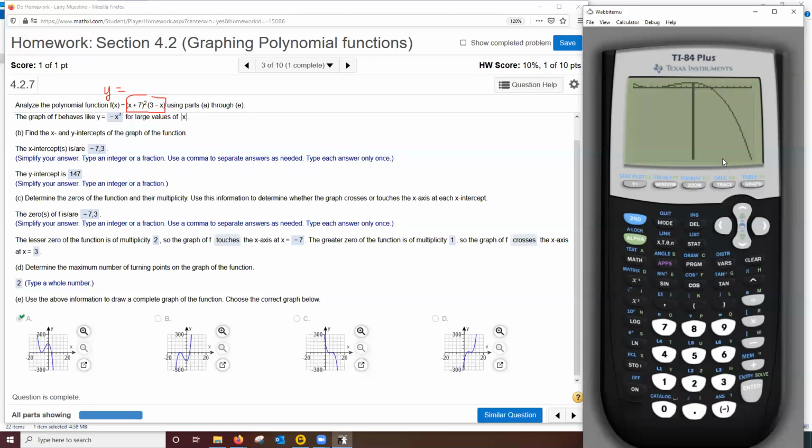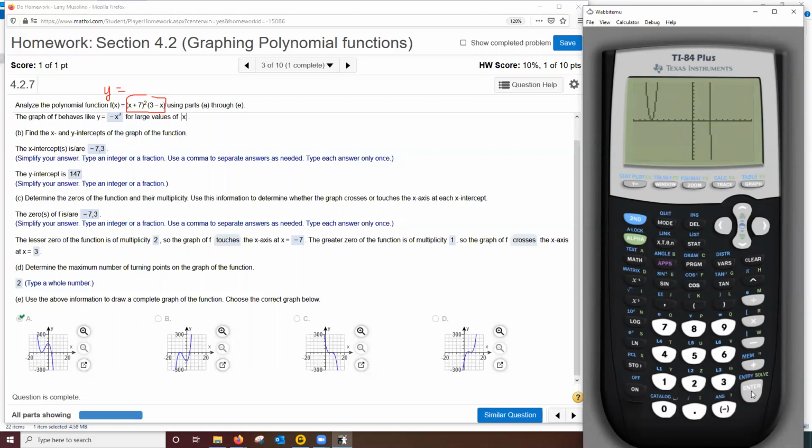What the calculator tried to do is to show the x-intercepts here. So it's a little hard to see, but here's the x-intercept of negative 7. Here's the x-intercept of negative 3. Okay. Let me go back. I'm going to go to z-standard, number 6. Z-standard is getting just a standard viewing window where the x and y axis go from negative 10 to positive 10.